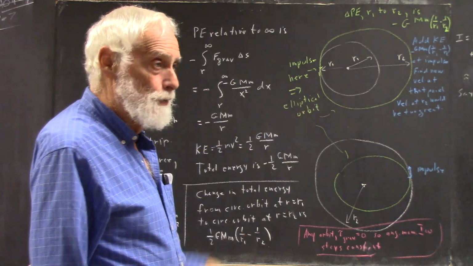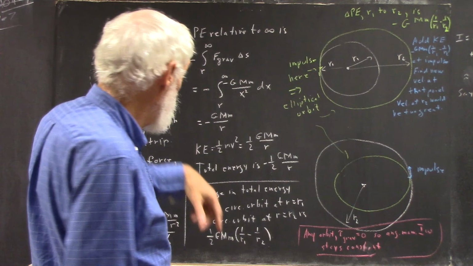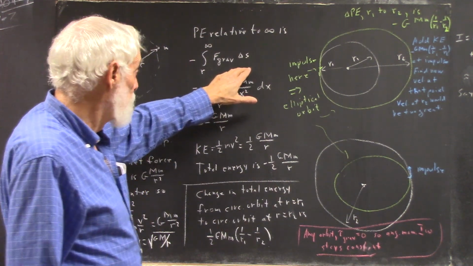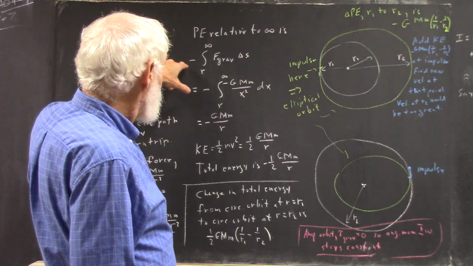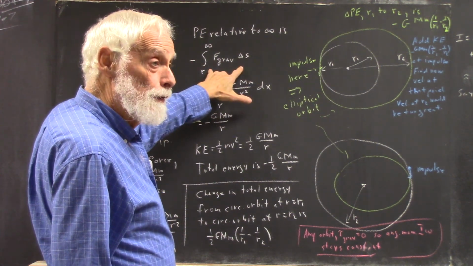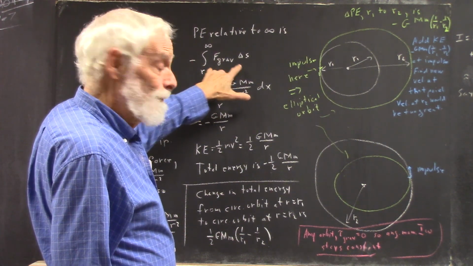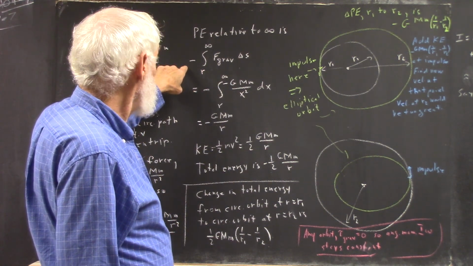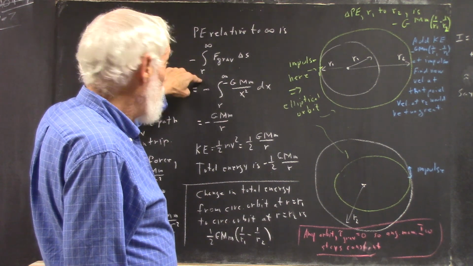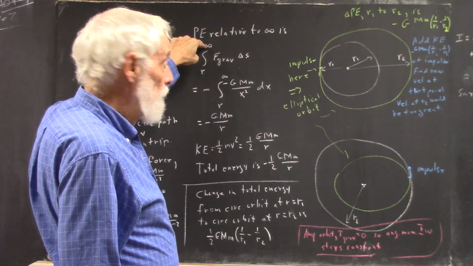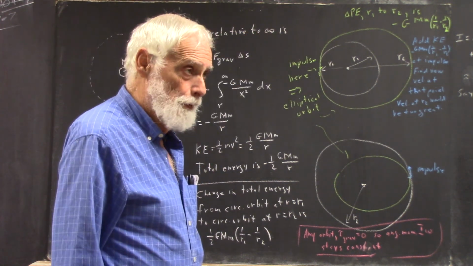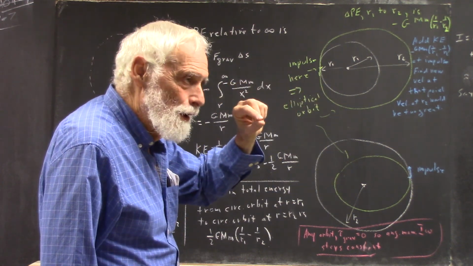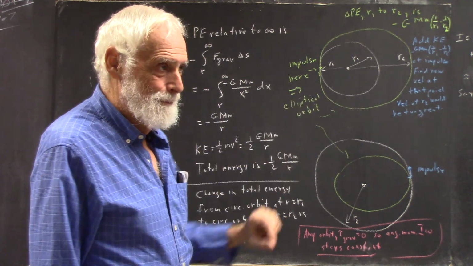We can do it for more general spirals and stuff like that, but we don't want to invoke that mathematics. This is the negative of the work done by the conservative force, which is the change in potential energy from r to infinity. If you measure potential energy relative to infinity, that means what's the potential energy change from here to infinity, okay?